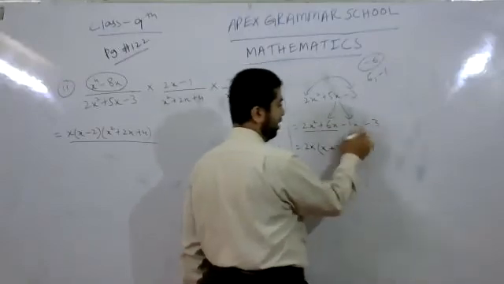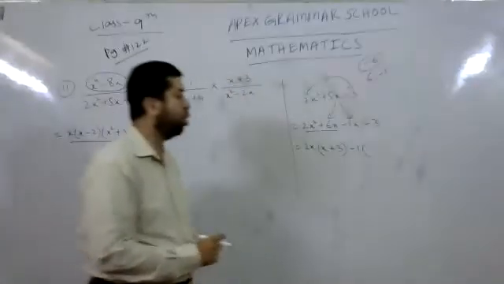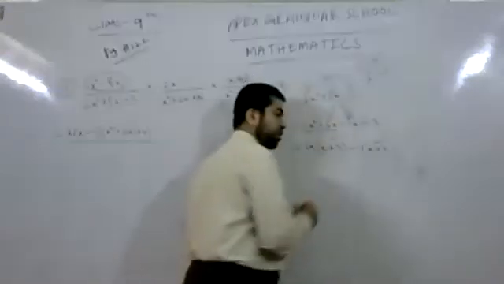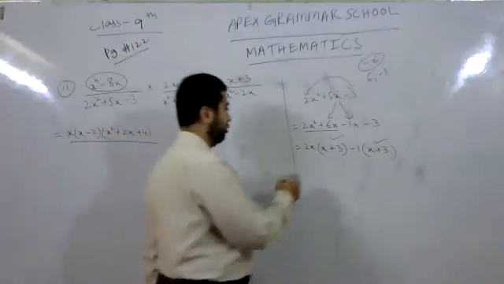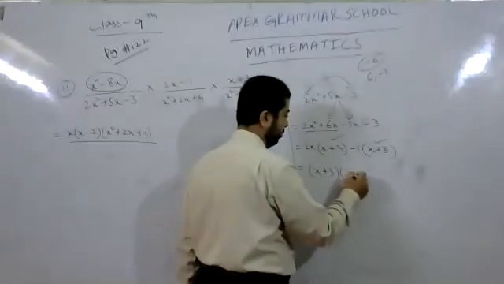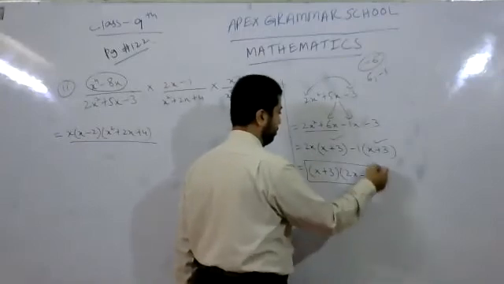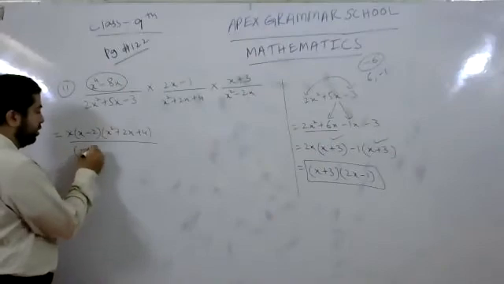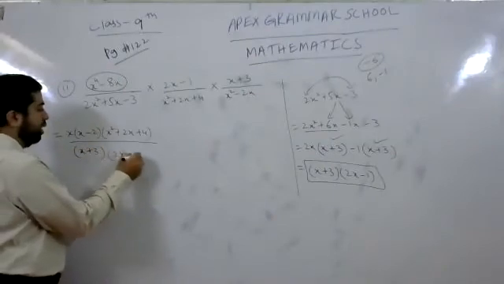So all the signs must be changed because of taking this negative sign common. x plus 3, we need to write it once, and then 2x minus 1. So right here x plus 3 and 2x minus 1.